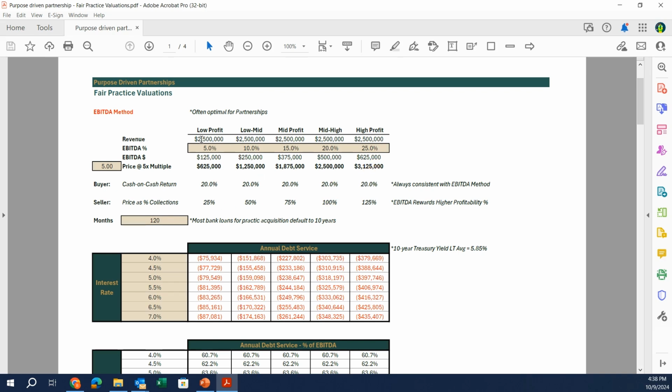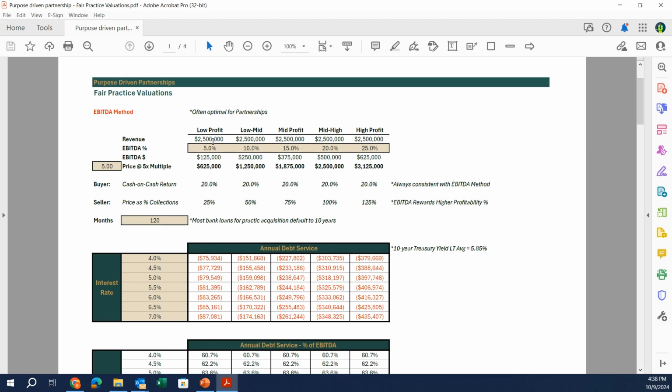The way the EBITDA method works is that it's based on a multiple of EBITDA. So over here you can see we're recommending 5 times. So not only are we recommending you use the EBITDA method, we're specifically recommending that you use a multiple of 5 times.